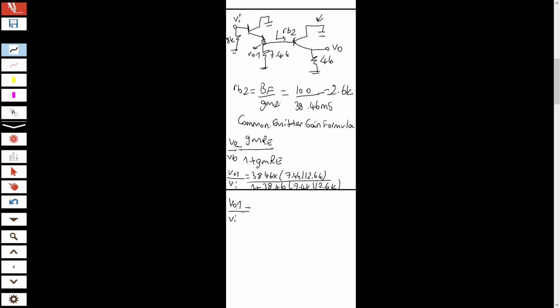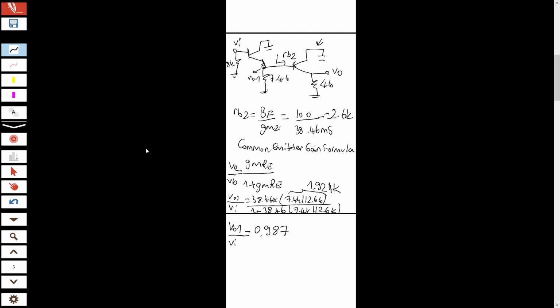It is 1.924K. So this times 38.46 divided by, it is approximately 0.986. 0.987. This is the first gain.